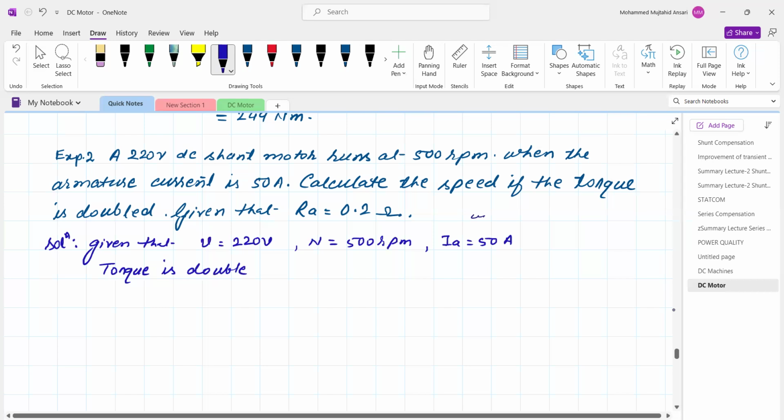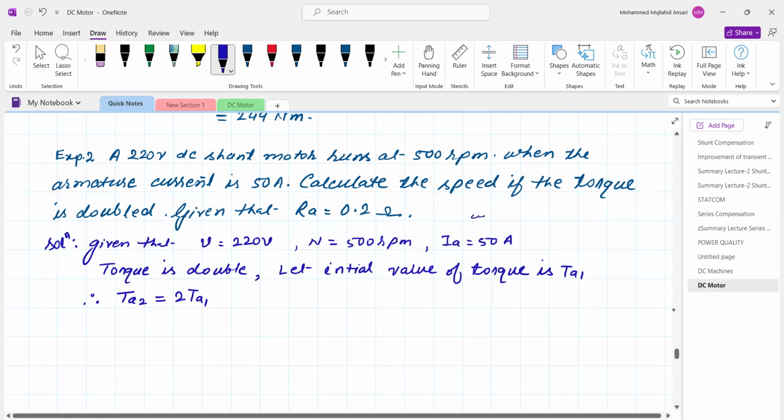Let the initial value of torque be TA1. Therefore, in the second case, torque TA2 is double the torque in the previous condition.